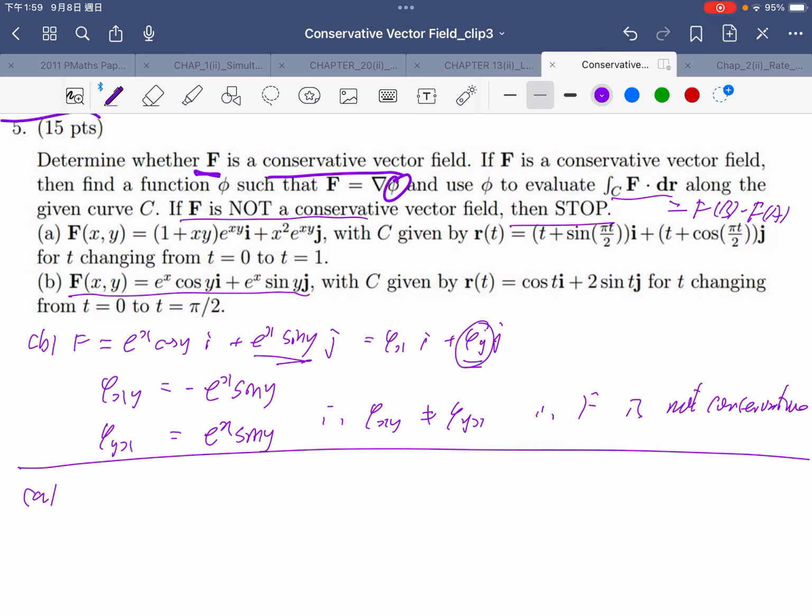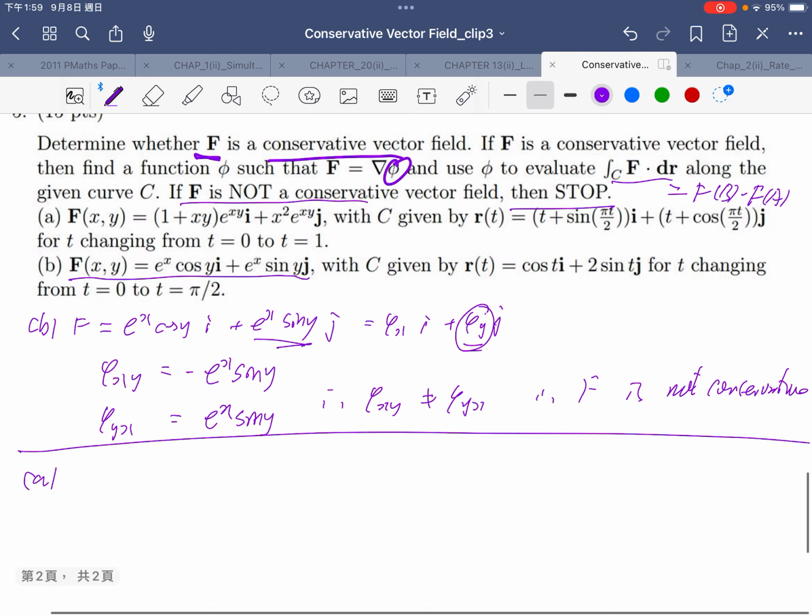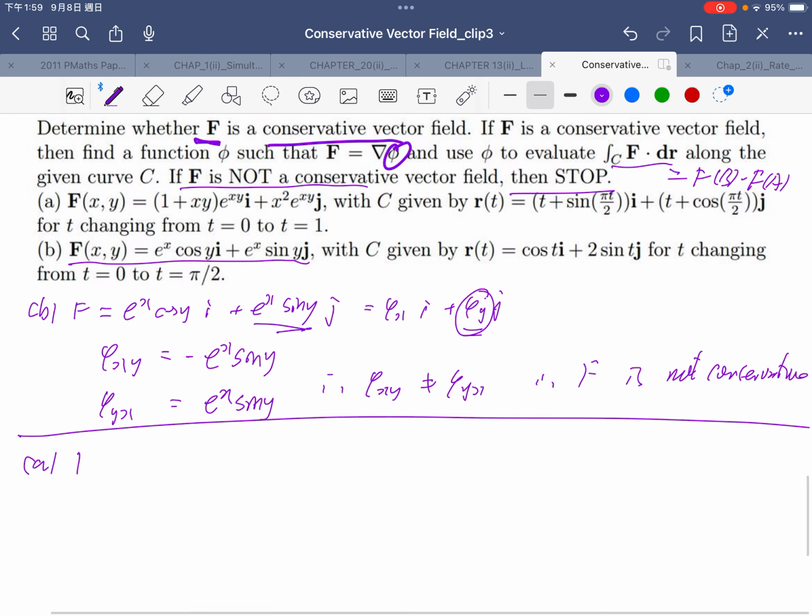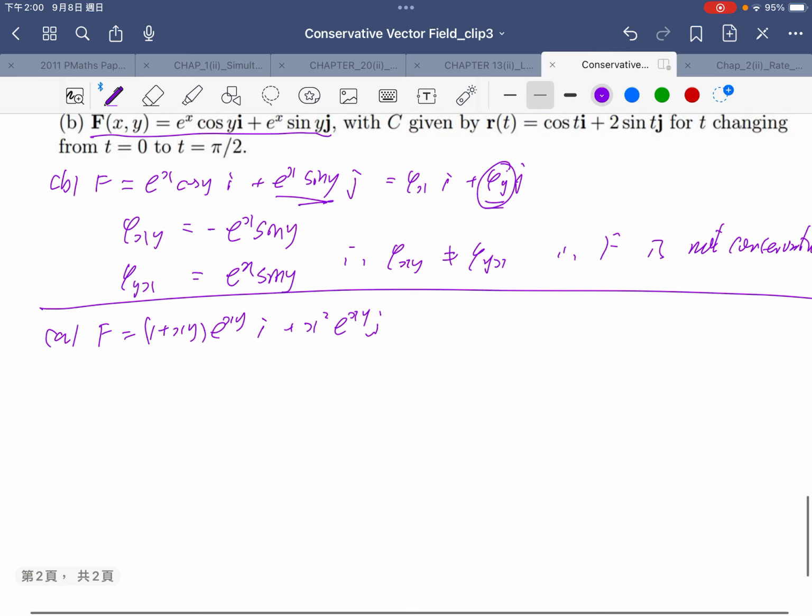A is the starting point of the curve, B is the end point of the curve. Then here F is equal to (1 plus xy) e^(xy) i plus x^2 e^(xy) j.